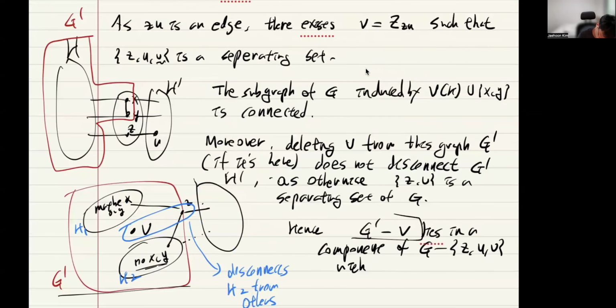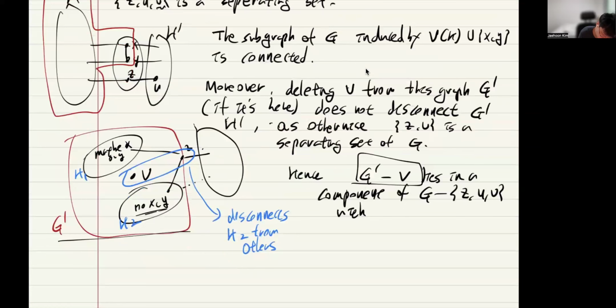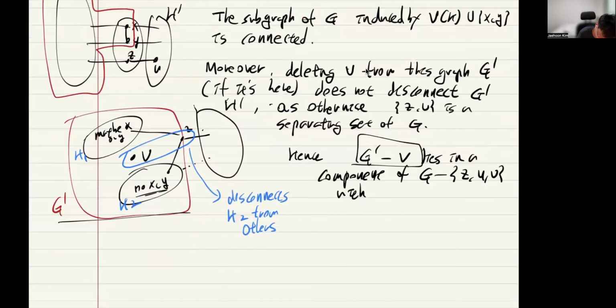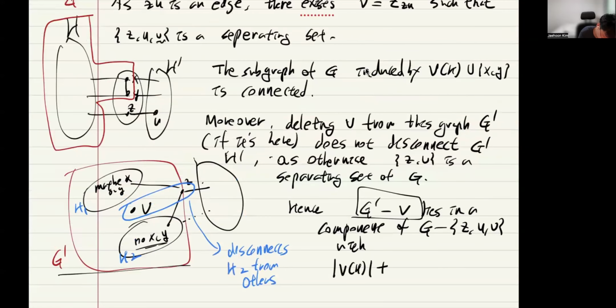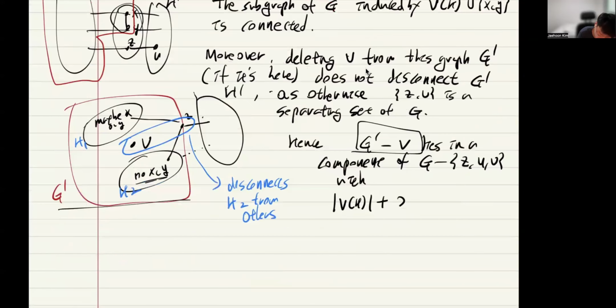But how many vertices does it have? G prime has the number of vertices in H, plus you add 2. And then possibly, if B lies there, then we subtract 1, otherwise not.